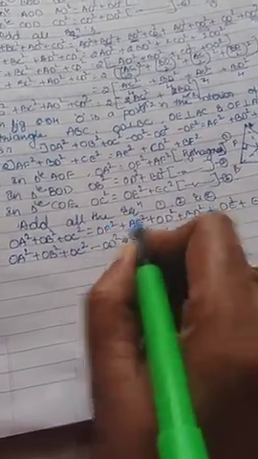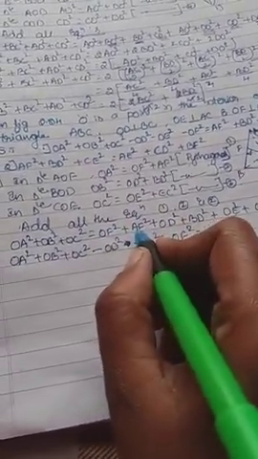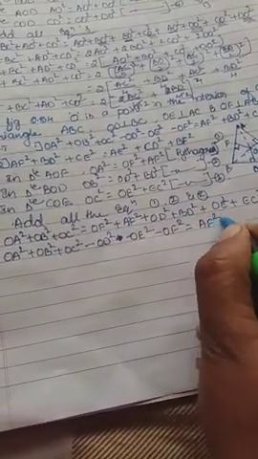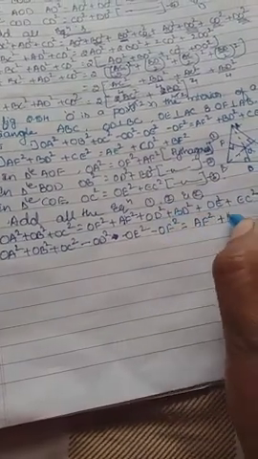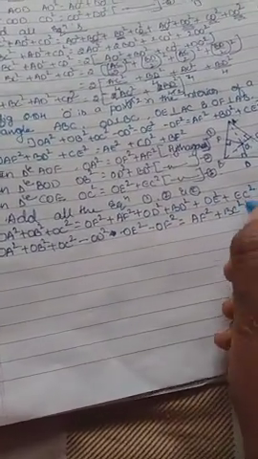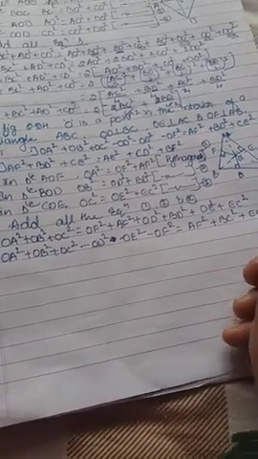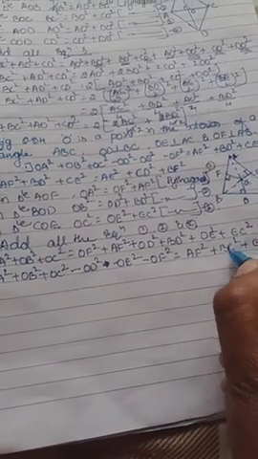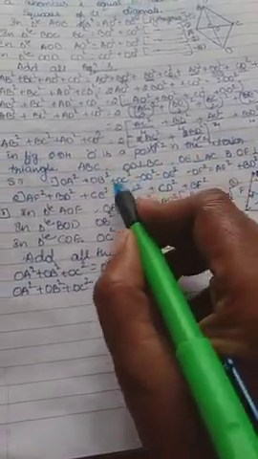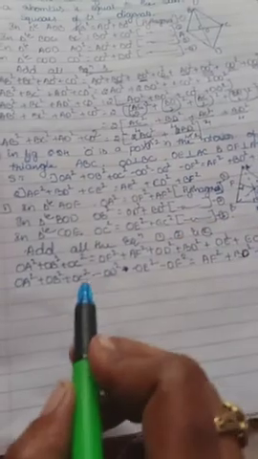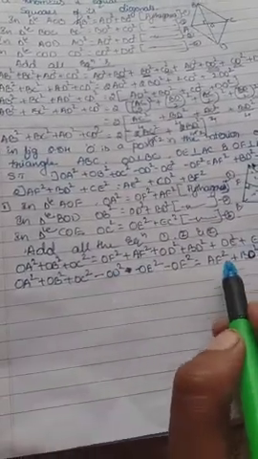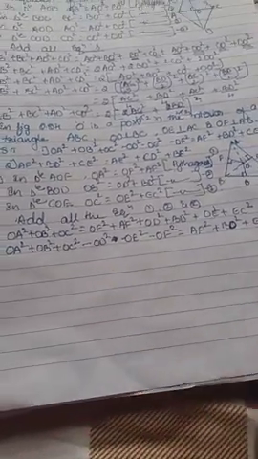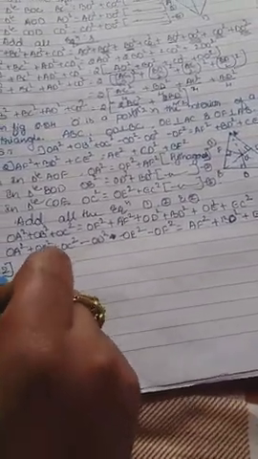Except the sides starting with O, the remaining are AF square plus BD square plus CE square. You can check: all the sides starting with O are on one side and the other terms are on the RHS. Yes, the first one is proved. Let us move on to the second one.